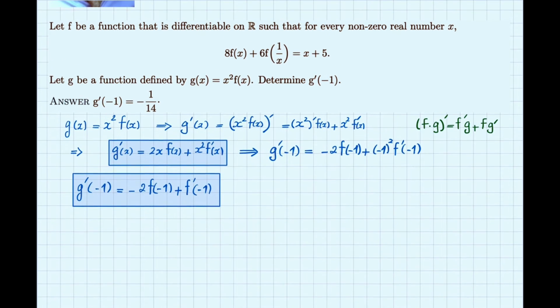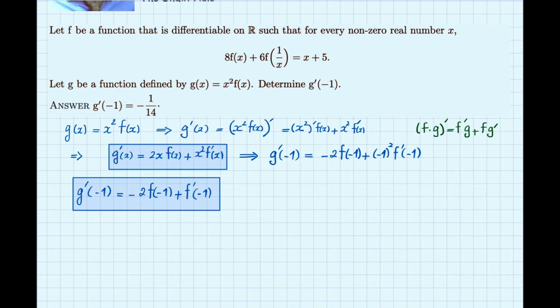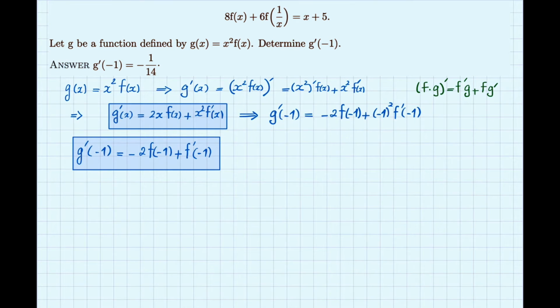The answer is yes, because according to the assumption, this relation is valid for every non-zero real number x, including x equal to minus 1, which is also a non-zero real number. So if I replace x with minus 1, I get 8 f of minus 1 plus 6 f of 1 over minus 1 equals minus 1 plus 5.